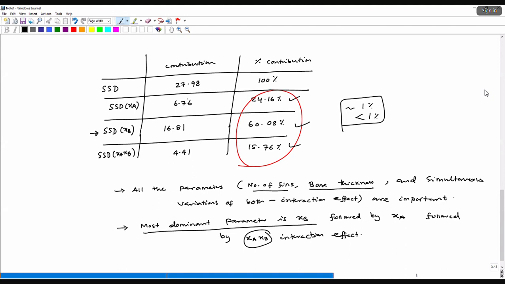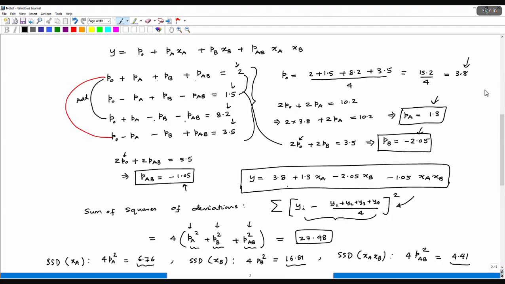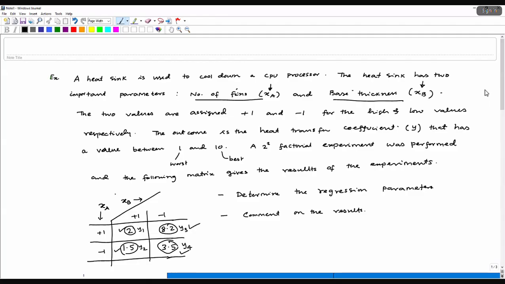And sir, how are we identifying which will be XA and which will be XB here? That depends on you, you can name them anything. Your model will basically take care of it. It doesn't really matter which one is XA and which one is XB. If you are doing some experiment and you have 3 variables, 5 variables, you can name them XA, XB, and so on; the choice is yours.